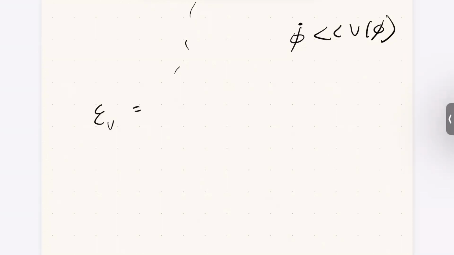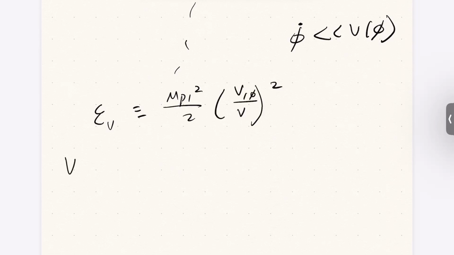Okay, so you will see that epsilon in terms of the potential will be defined as the following, where V comma phi is essentially just the derivative of V with respect to phi.